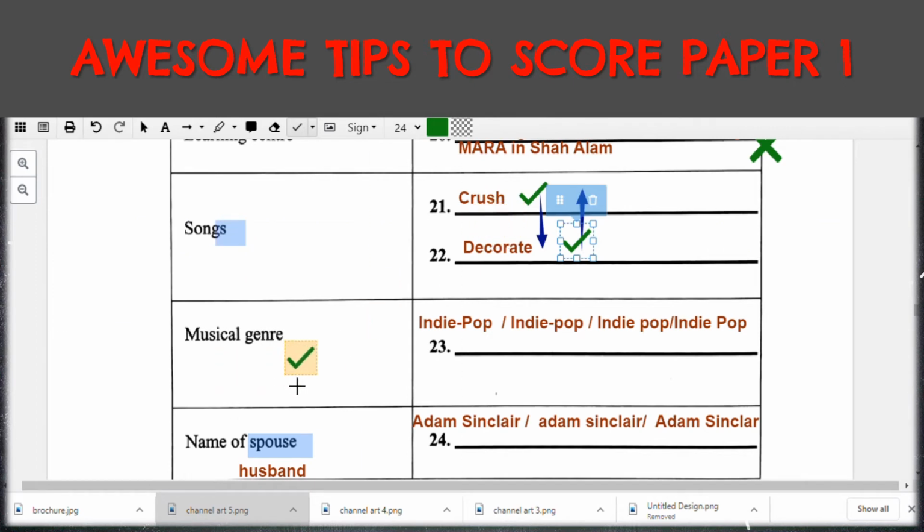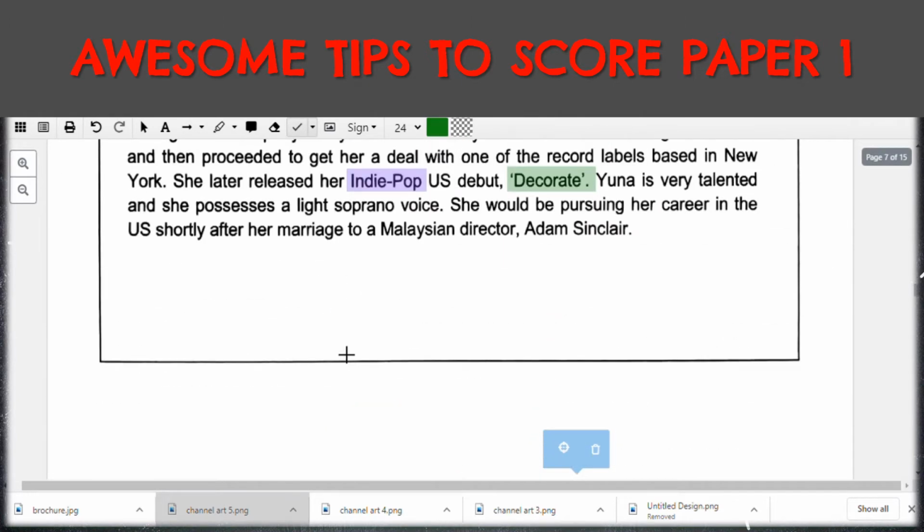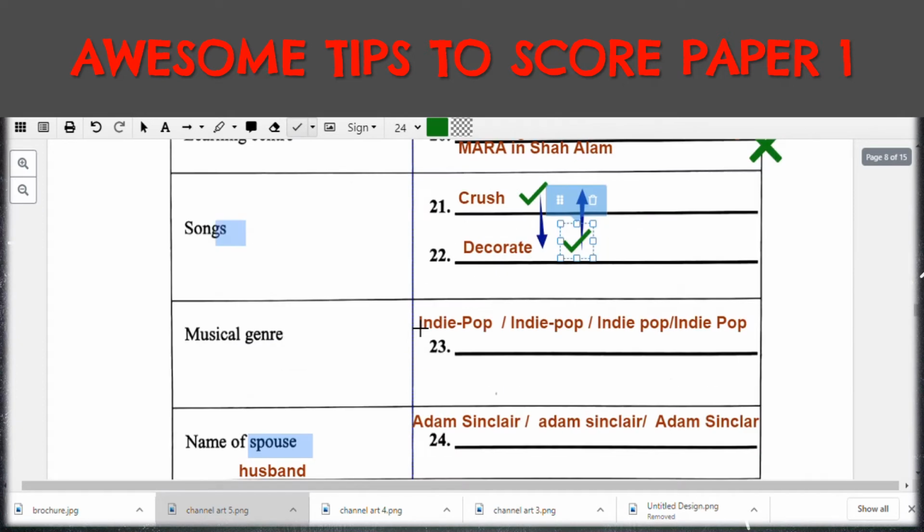Musical genre. Look at the musical genre. What type of music does she play or sing? She later released her indie-pop US debut. Indie-pop. Look here carefully at the spelling: I-N-D-I-E hyphen pop, with big P. Now look at the answers. Which one can be accepted?